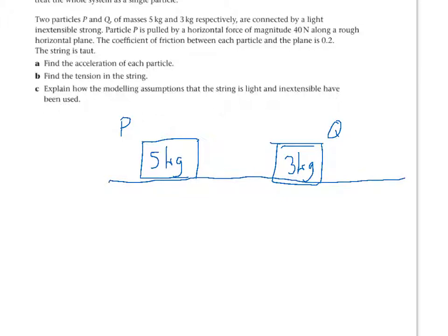So there's our horizontal plane. And obviously, acting downwards is going to be the weights of each particle, so it's the mass times the acceleration due to gravity, so 5g and 3g, and acting upwards will be a resultant force of R1 and a resultant force of R2.